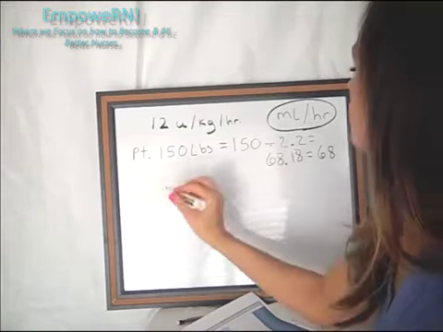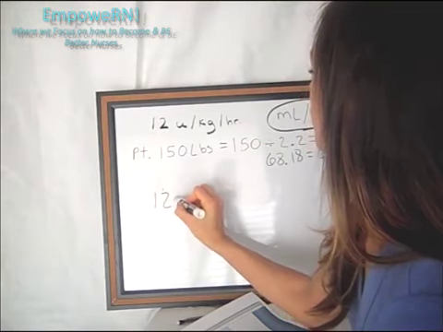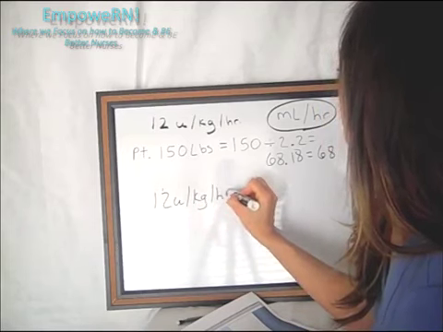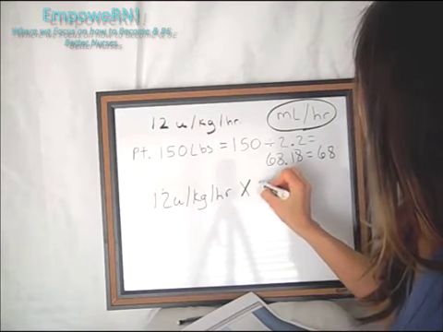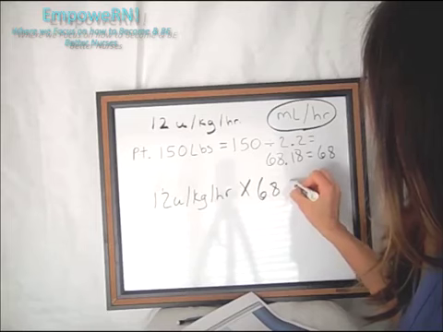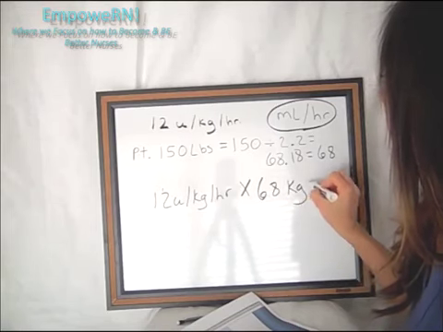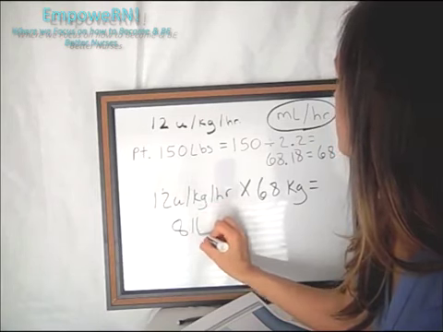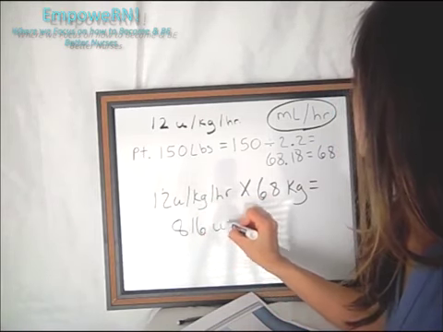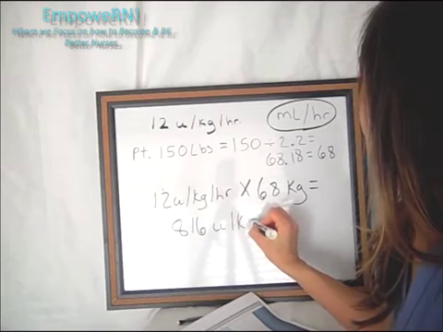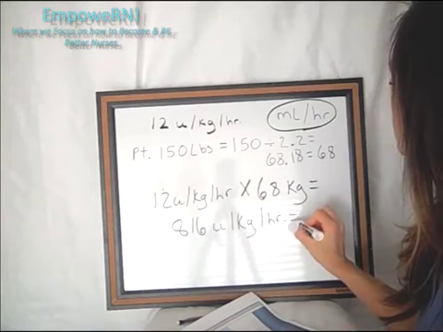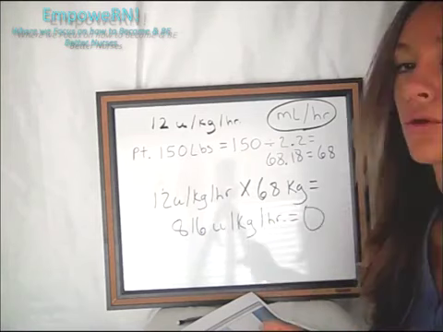So you take 12 units per kilogram per hour and multiply that by 68 kilograms, and you will get 816 units per hour. And this is essentially your ordered dose.